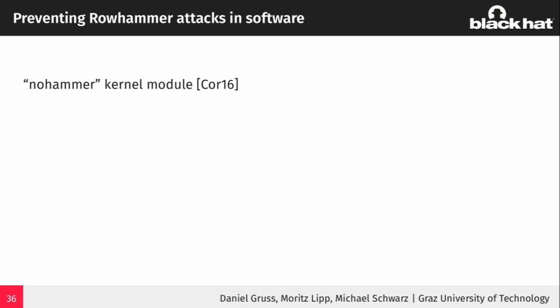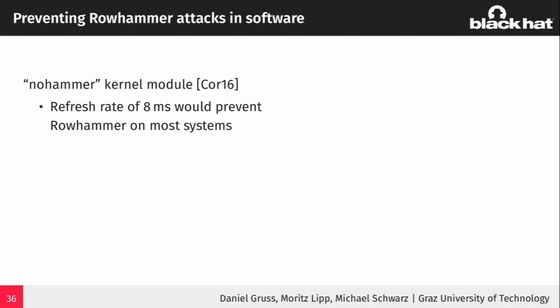That was an idea from the Linux kernel mailing list in 2016. And here the idea was similar to TRR, but purely in software. Quite nice. So basically a refresh rate of 8 milliseconds would prevent Rowhammer on most systems. That's what we heard before. Factor 7 above the current refresh rate is fine, so factor 8 is also fine.